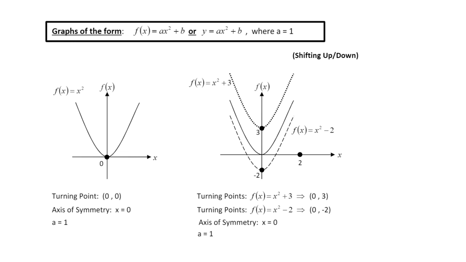So again, if we look at the standard form of f(x) = x squared, the turning point is still (0, 0), the axis of symmetry is x = 0, and the a is 1, as we said. So we're going to assume that a is 1 for these examples. I'll use some colors just to make it clearer: we've got a red graph that's moved up, and a blue graph that's moved down.